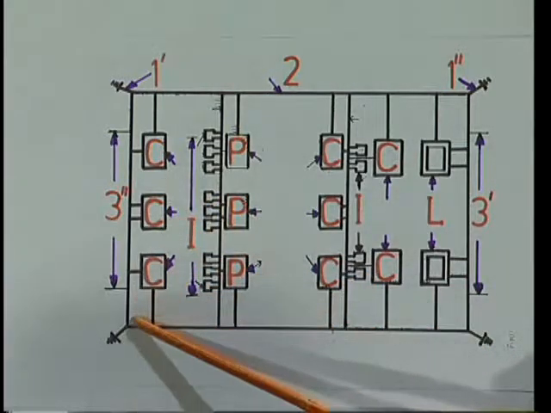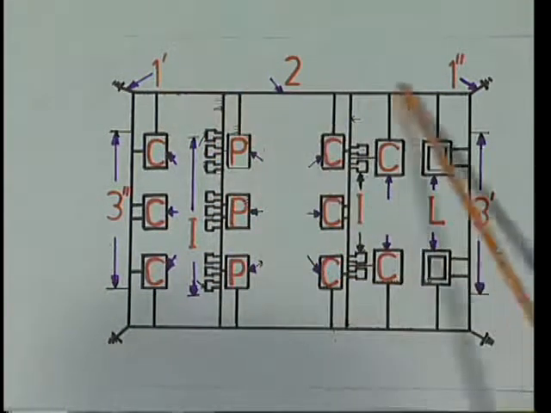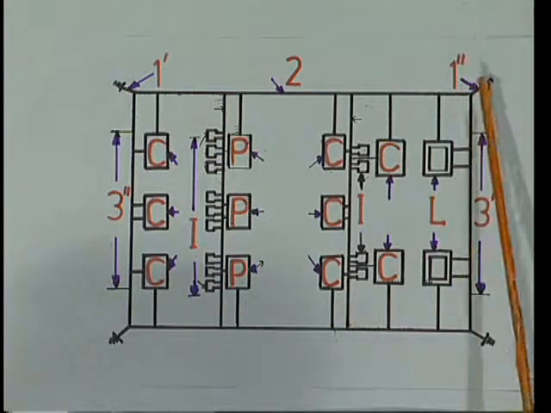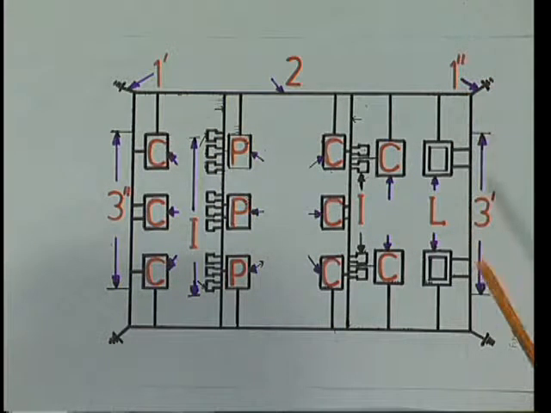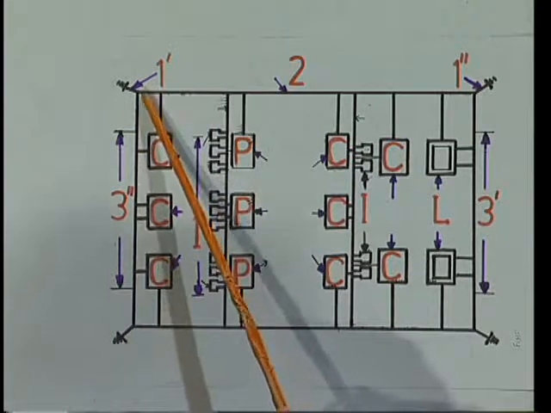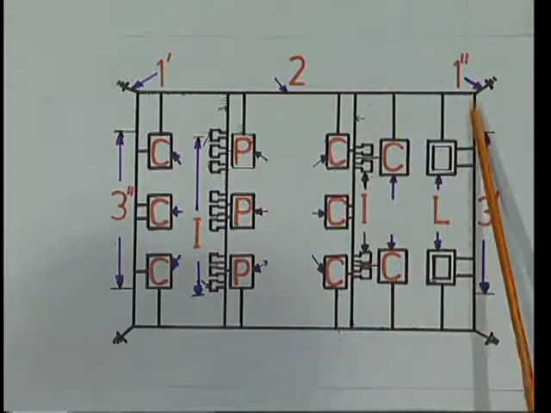So first one is like this. The shielding network, or earthing network, is like this. One dash, one double dash, and so on, are all called earth electrodes, and two is the earth ring.